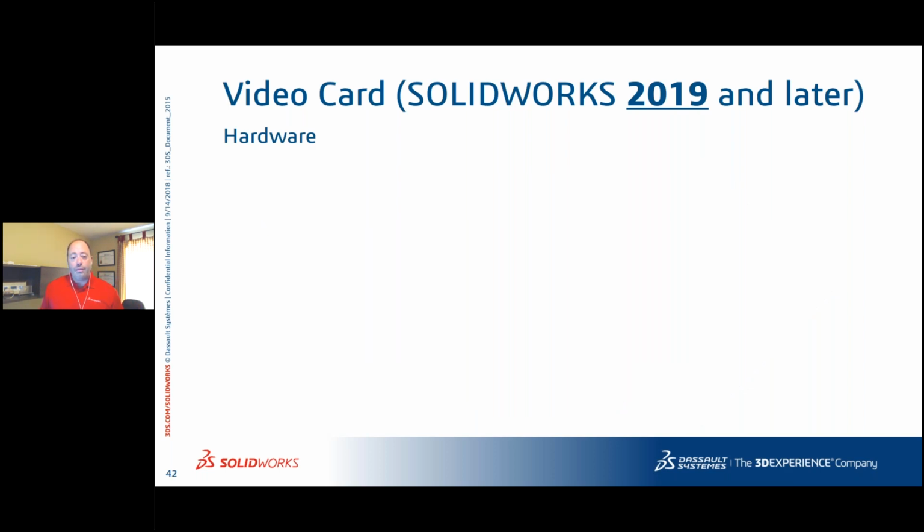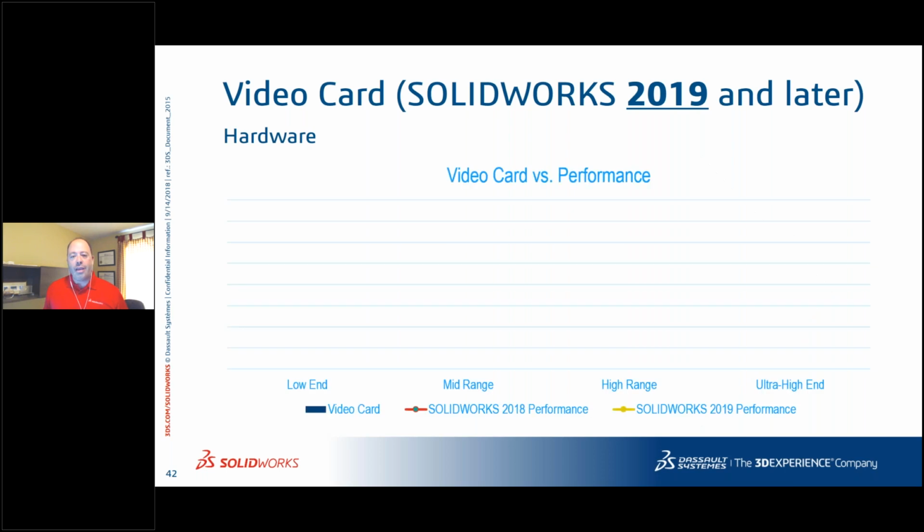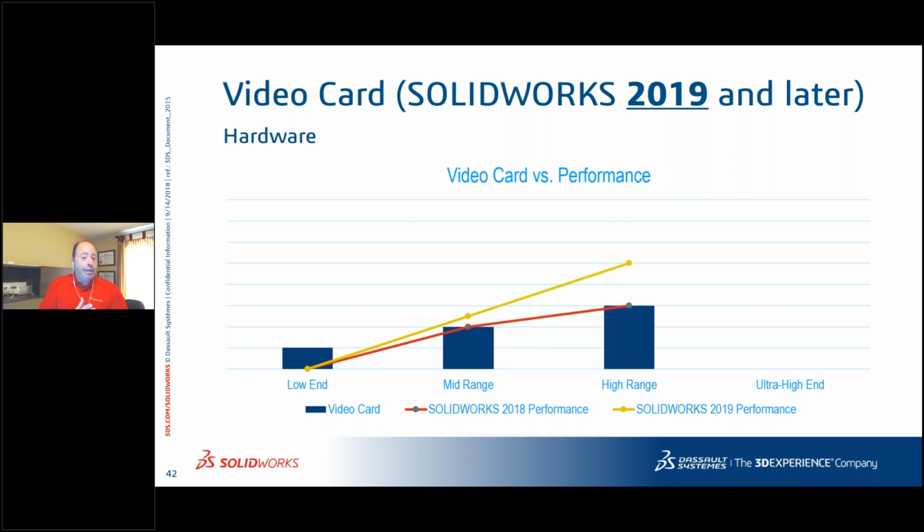So if you look at 2019 going forward, and we look at the same performance graph I illustrated earlier, again, you don't want a low-end card, but even with the exact same machine, just by going from 2018 to 2019, you're going to see a boost in performance, because 2019 can send information to the GPU and the CPU simultaneously.